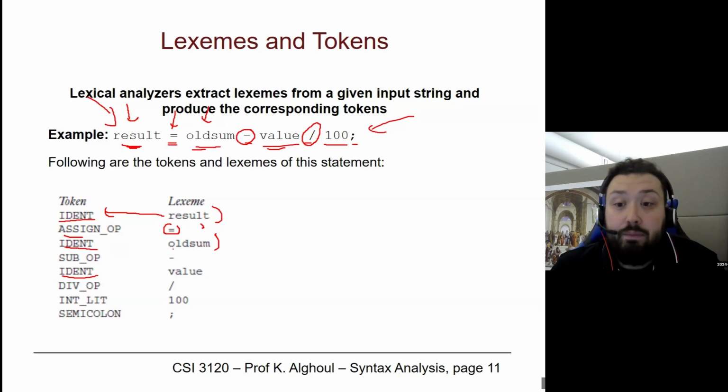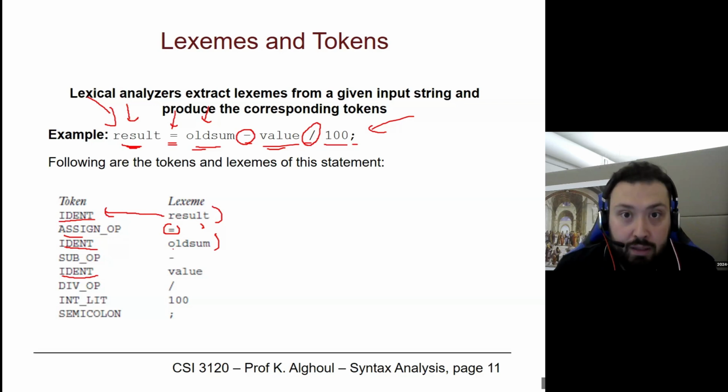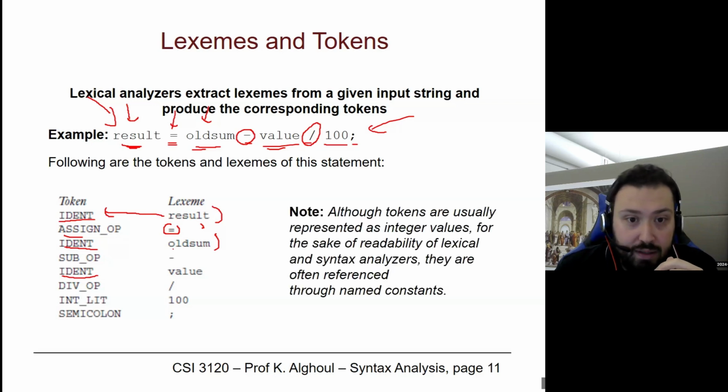So what does this mean? In summary, the job of a lexical analyzer is to find the meaning of every lexeme and represent this meaning by a token. Just keep in mind that tokens are usually represented as integer values when it comes to the system.